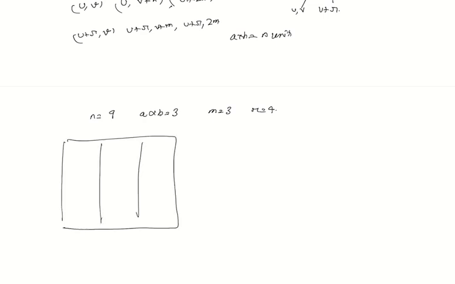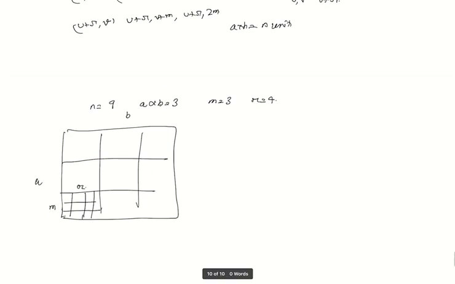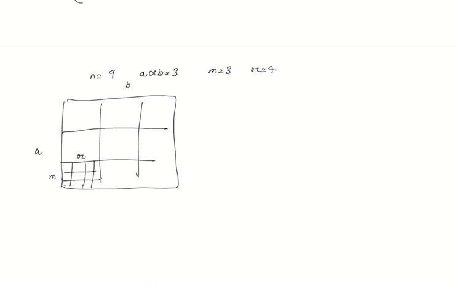We'll do these 3 and 3, and then here M is 3, so we got 3 here and then 4 here, right? So these are M and these are R, and this is A and this is B. Now first we will select a random number. For example, we selected a random number 2 and 2. This is going to be somebody here.